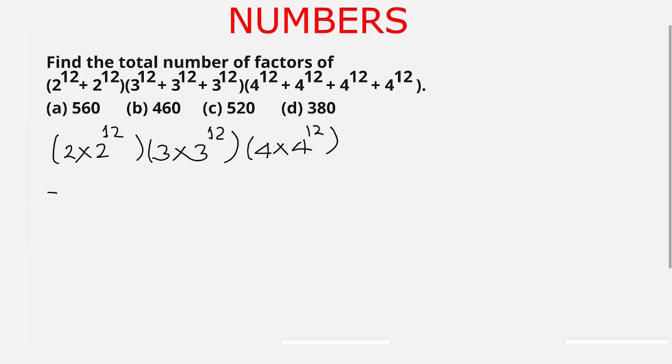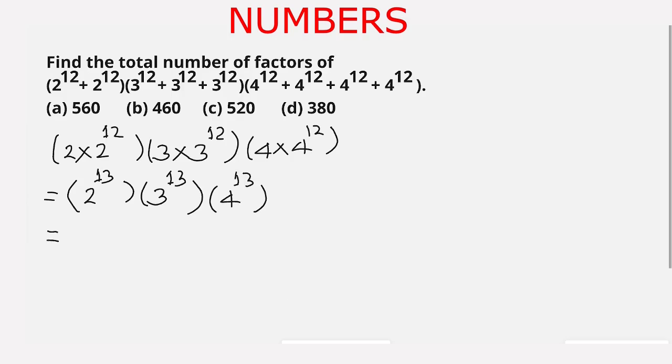So this is equal to 2 multiplied by 2 to the power 12 can be written as 2 to the power 13, multiplied by 3 multiplied by 3 to the power 12 can be written as 3 to the power 13, multiplied by 4 multiplied by 4 to the power 12 can be written as 4 to the power 13.